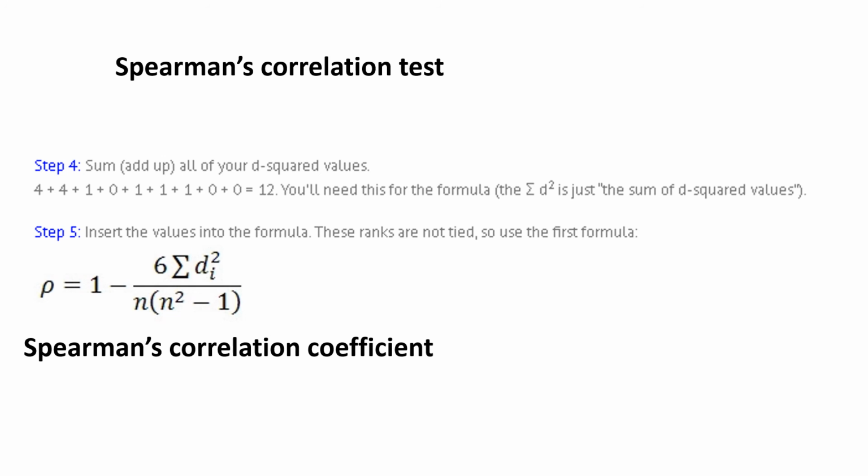N is the total number of students. Here 9 students are there, right? So you have to fill in these values in the formula.